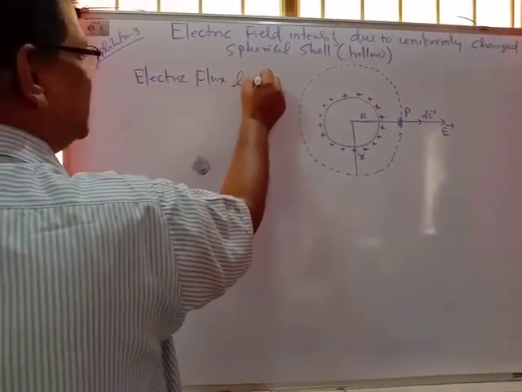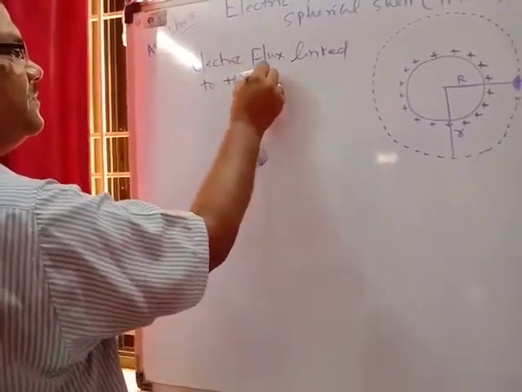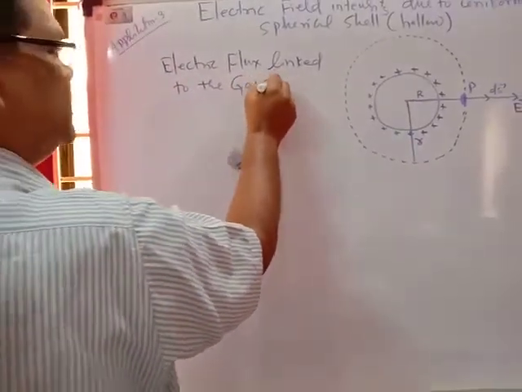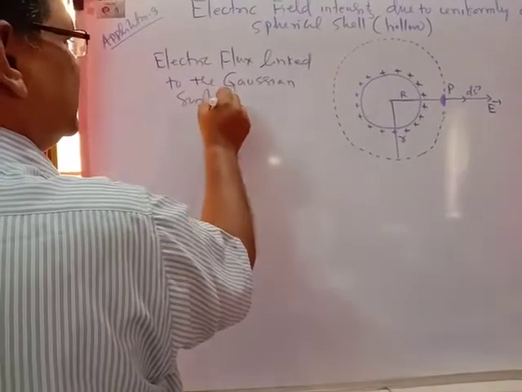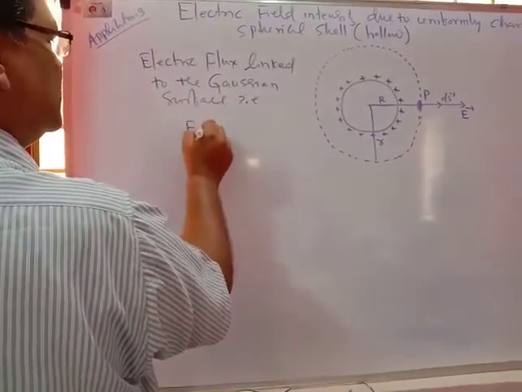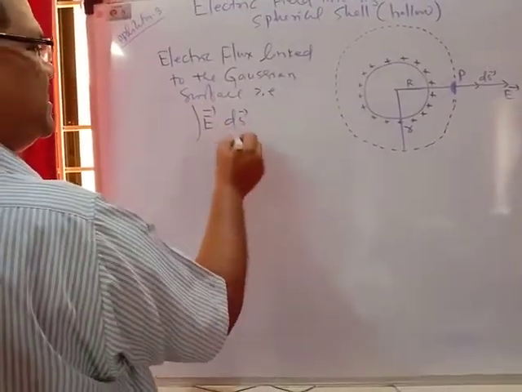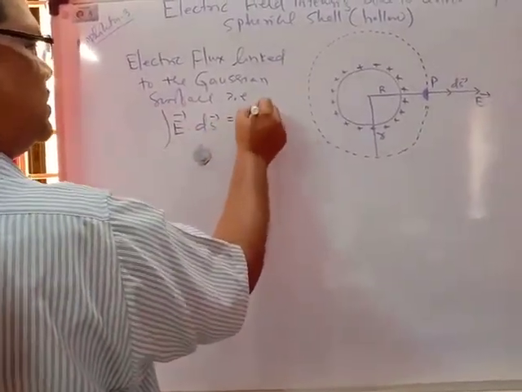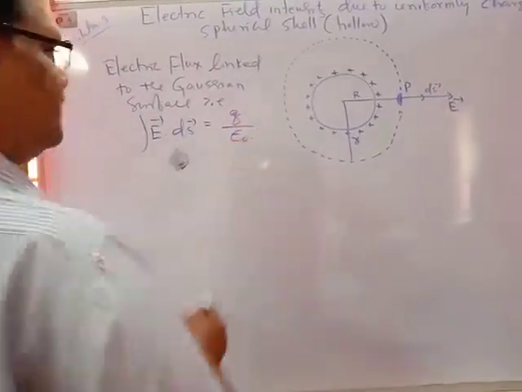The electric flux linked to the Gaussian surface is the integration of E vector dot dS vector, and that must be equal to the total charge divided by epsilon naught.